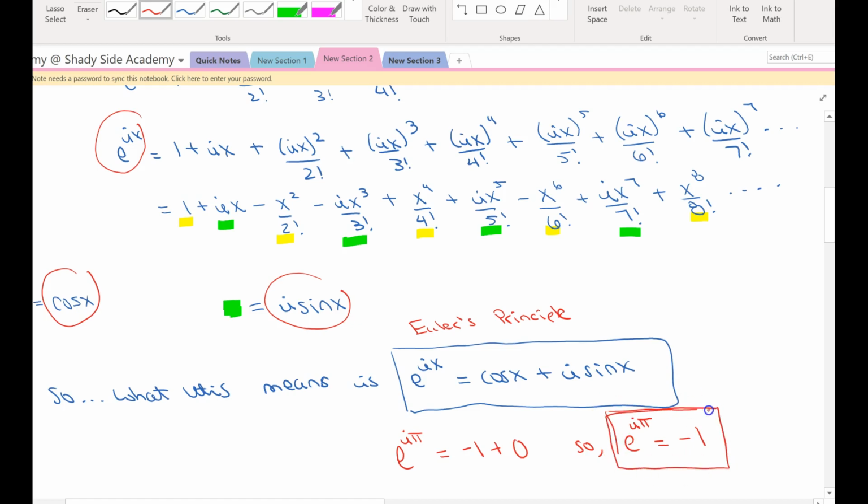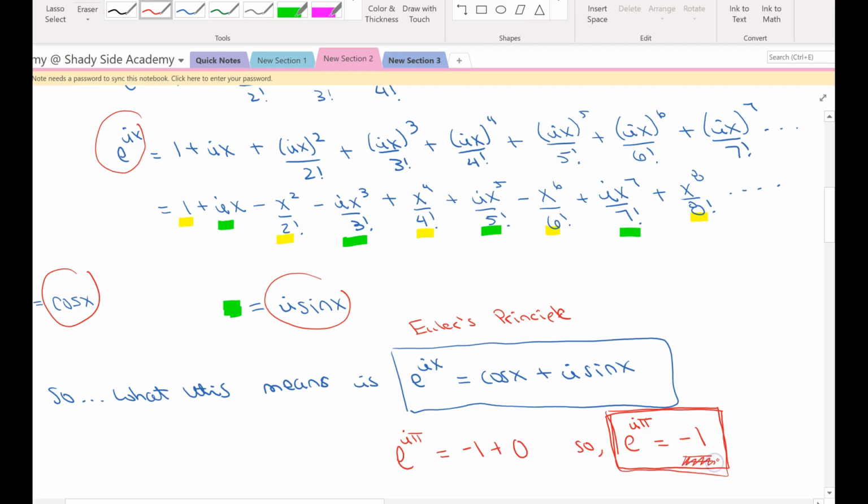I hope there's this moment where you gasped, because look at this. This is unbelievable. The transcendental number e raised to a power that is a product of another transcendental number and an imaginary number gives us a real number, -1.